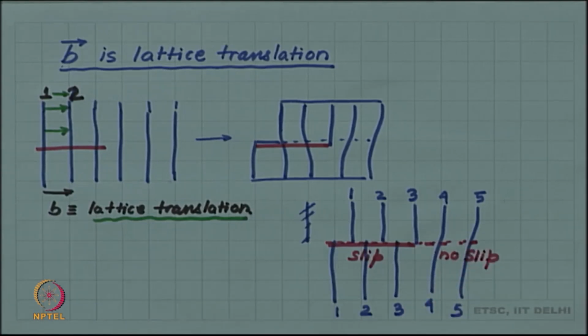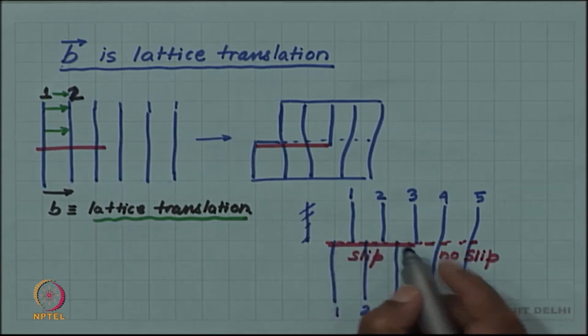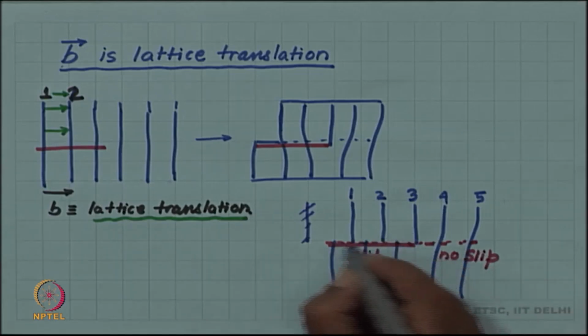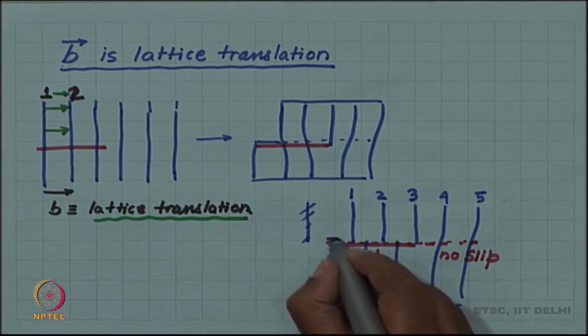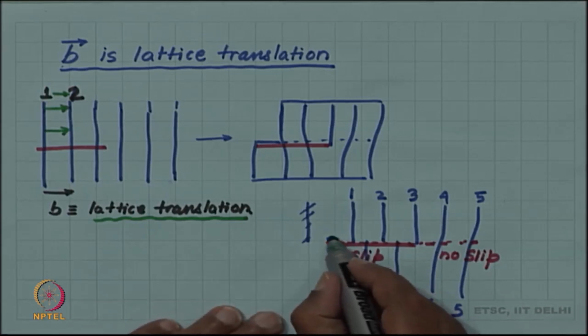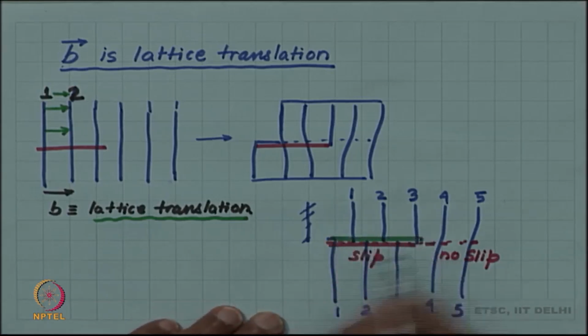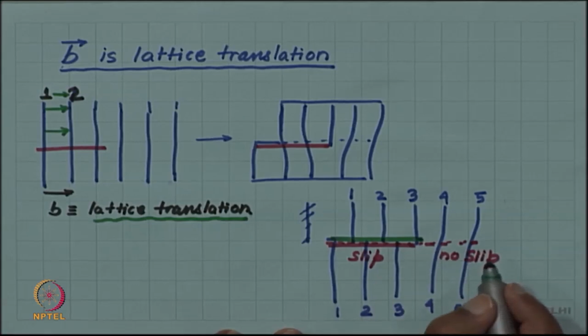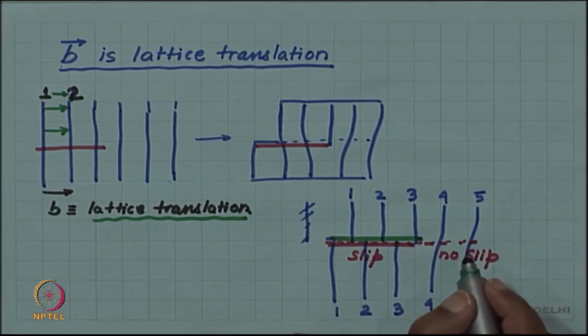However, on the side of the slip, I have a continuous interface which is disturbed. Let me show it with green. Across this interface, we have a disturbance or defect.